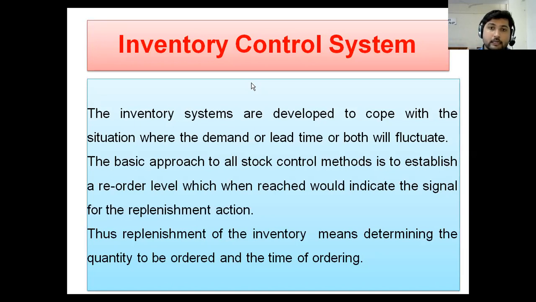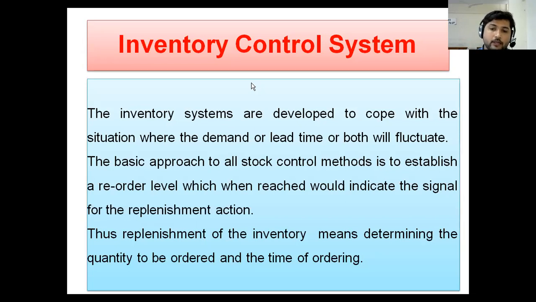So in an inventory control system, the most important controlling point is the ROL level, that is, the reorder level. When the stock level reaches the ROL level, it provides the signal for the replenishment action.